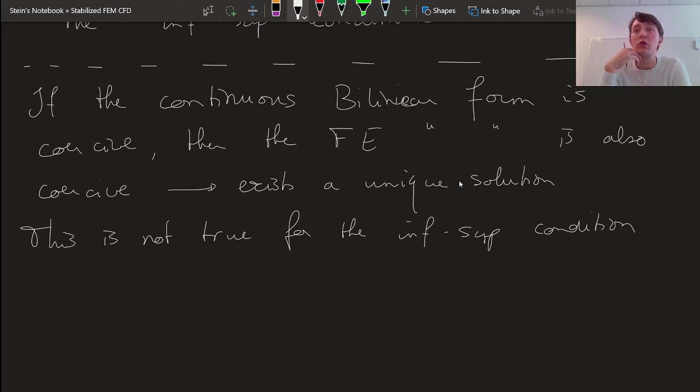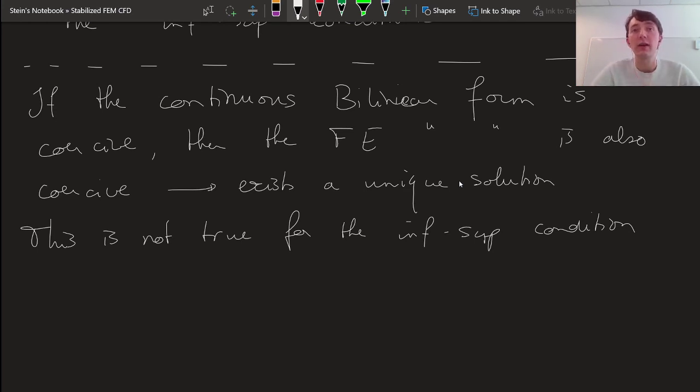We saw that for different choices of function spaces for U and for P, we get these funny patterns that are numerical, that are not physical. We got these checkerboard patterns. I've shown this a couple of times, I think, in the introduction lecture and in the lecture on prototypical equations. And that is coming from this.